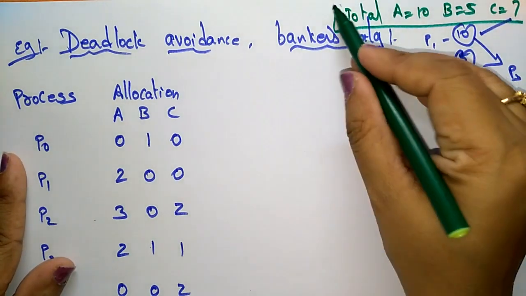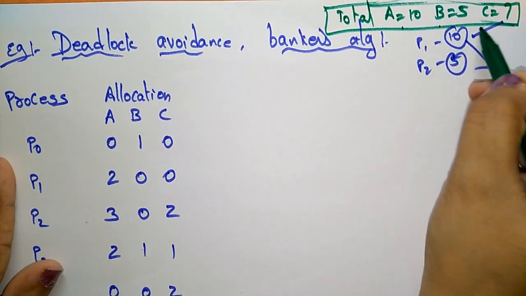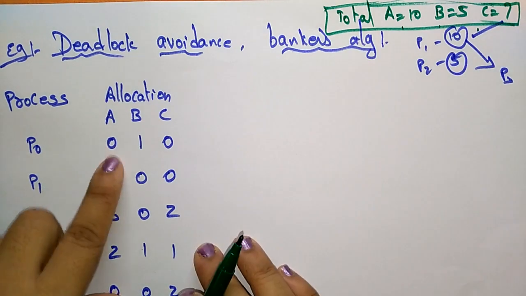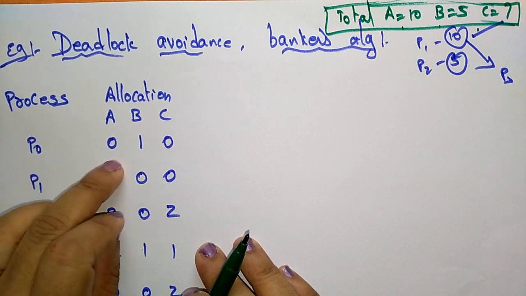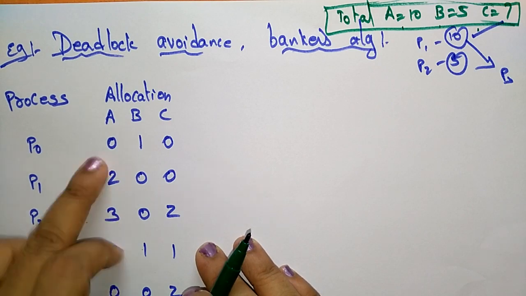So this is the total resources A, B, and C can hold. Now the allocation is over. At the start, for process P0 the A allocation is 0, for P1 it is 2, for P2 it is 3, like that.